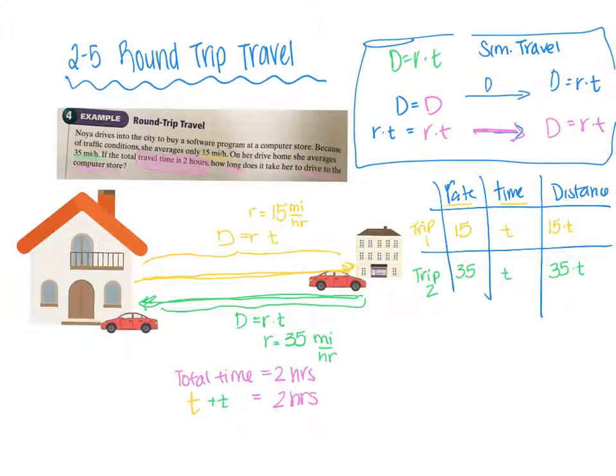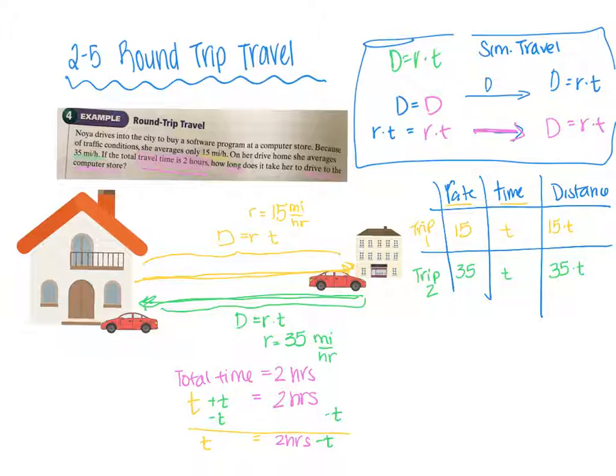Okay, so let's use my initial trip, and let's just say I want to get one of my t's away. So I'm going to subtract green t from both sides, and I'm going to get yellow t equals 2 hours minus green t. Okay, so everywhere I have yellow t up here, I'm going to come in and plug this in.